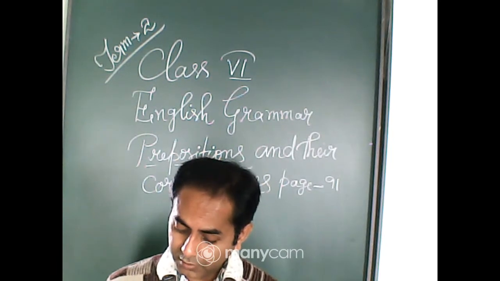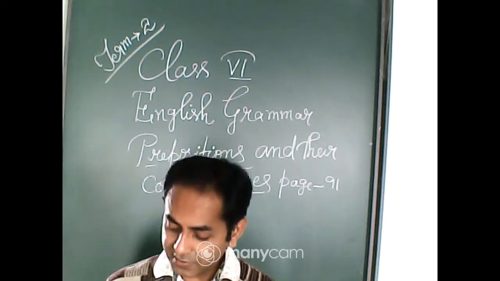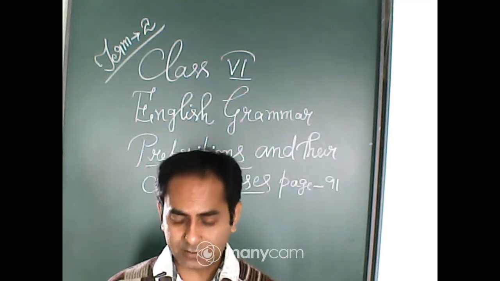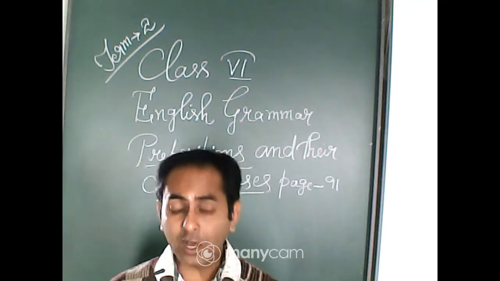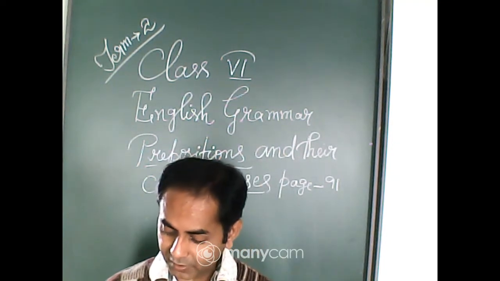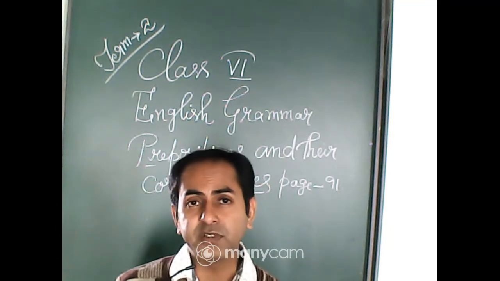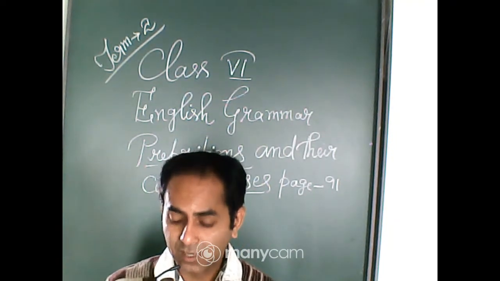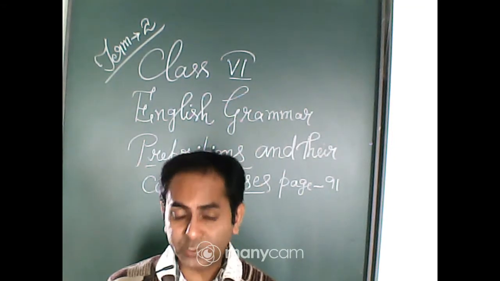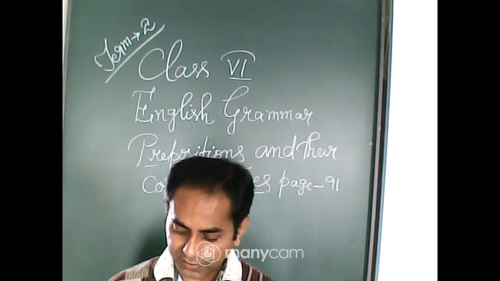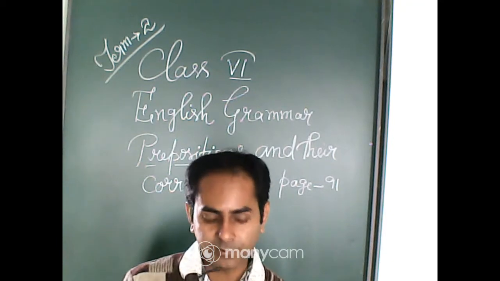So the work of this preposition of place is to give us information about the place, the location or the position of the noun or the pronoun in relation to something else. So where the noun is, where the pronoun is, the location, place and position, these 3 things are shown by this preposition of place, because it gives us the information about the place, location or position.